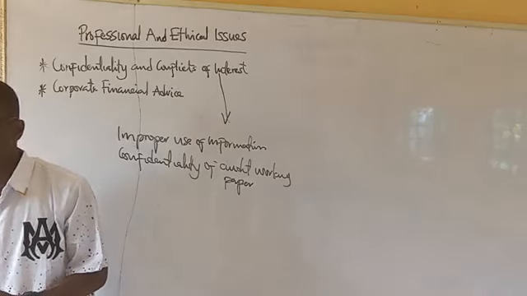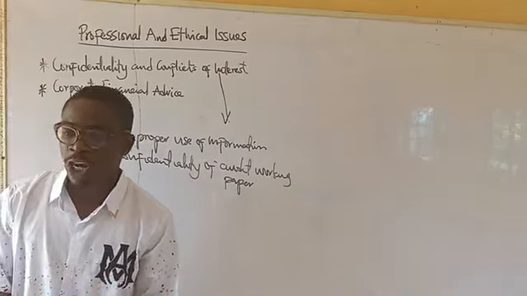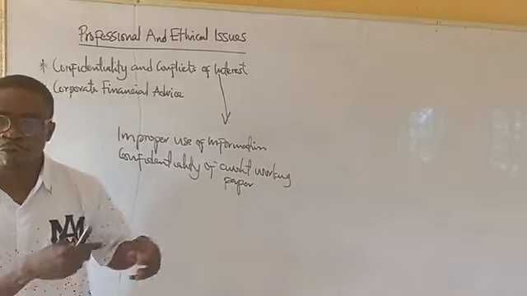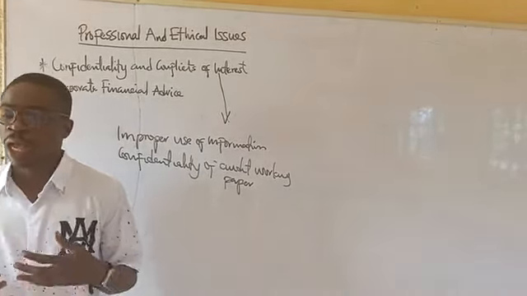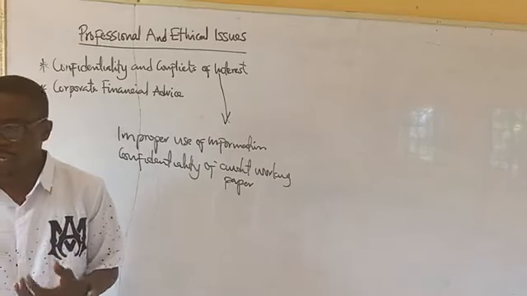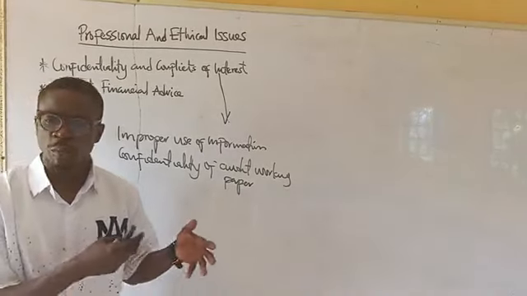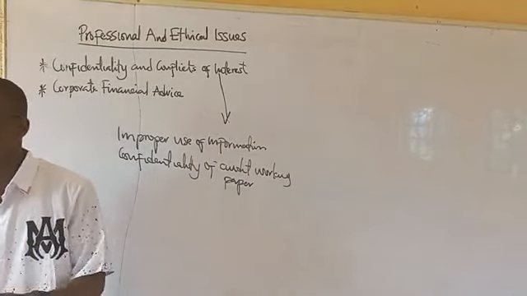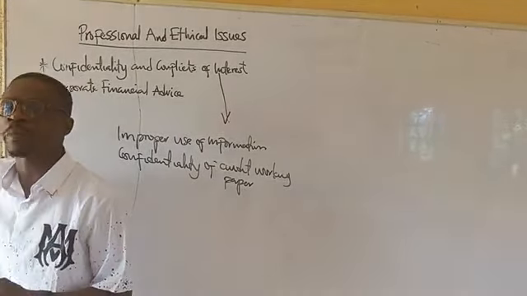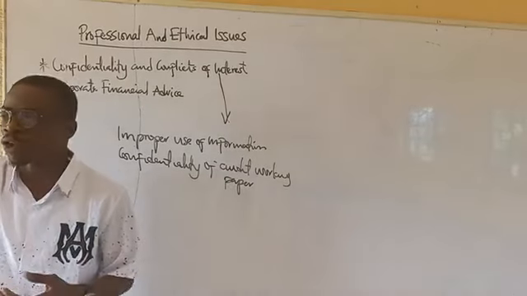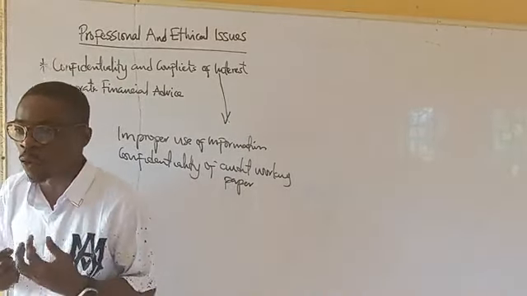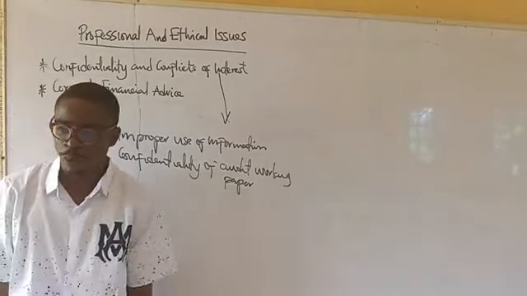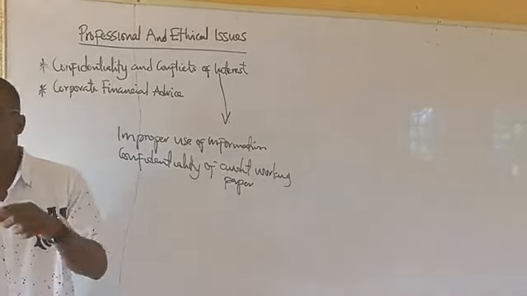Are we together? Maybe a professional accountant, during the course of his professional exercise or dealing, comes across some information. He should not reveal it to a third party, where the third party will take advantage of it, or take advantage of that information himself. That is what we call improper dealing.